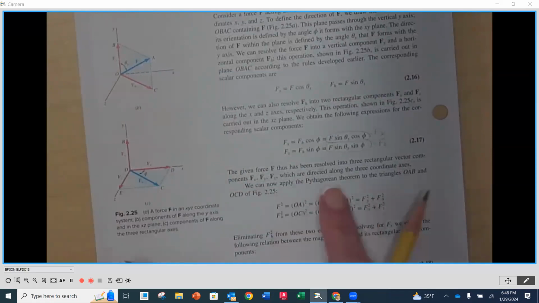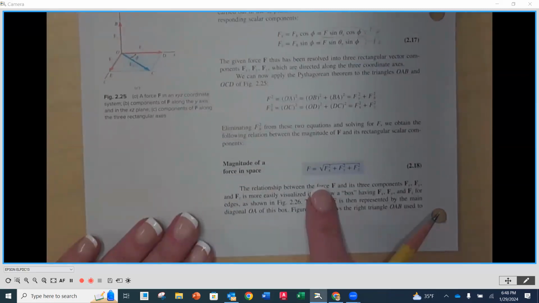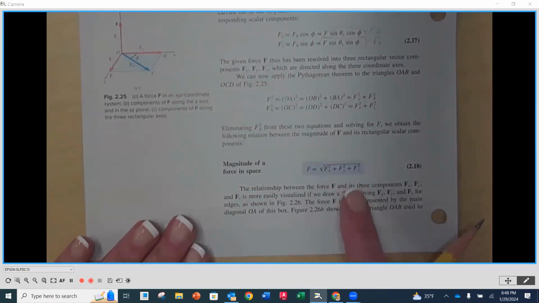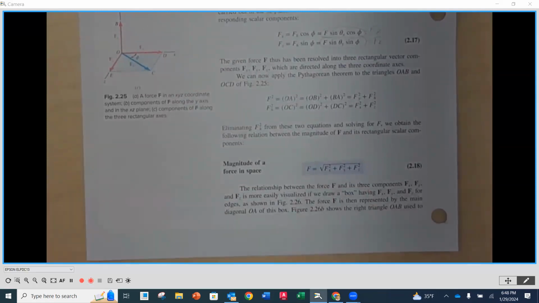Okay. Now, a couple equations that we're going to be interested in is the one right down here. Okay. So now as we look, you're going to notice that if we want to find the magnitude of that force, this one's actually one of the easier ones.